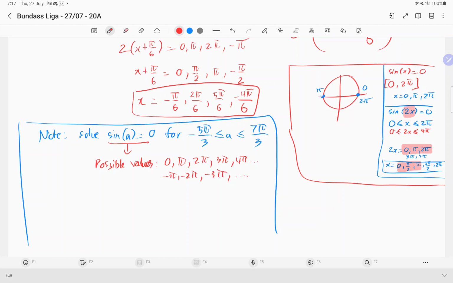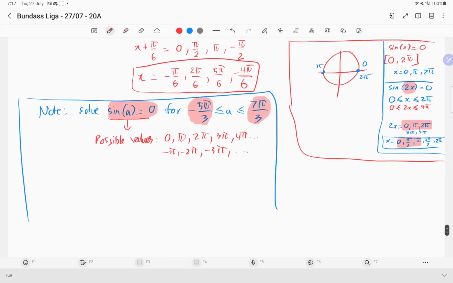So where do we stop? Where do we end? We're solving sin A, and the domain is two weird numbers. The idea is that you need to convert each of these numbers into something over 3.